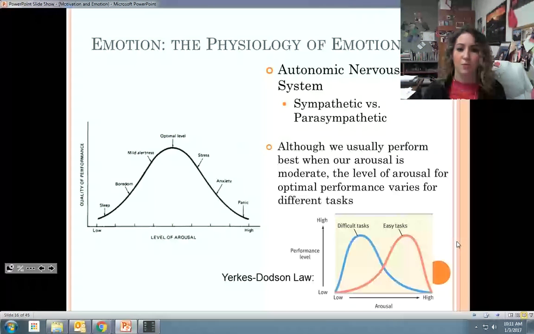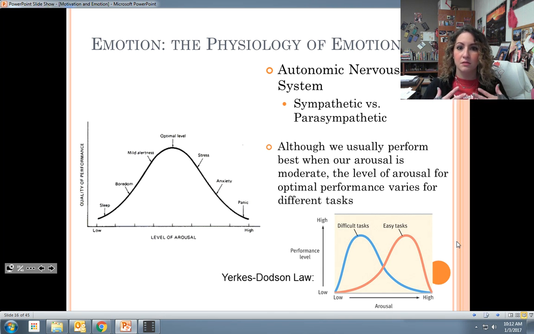Let's talk about the physical part of emotion. So the autonomic nervous system, we've talked about the sympathetic and the parasympathetic. The arousal is the sympathetic, while the calming is the parasympathetic. And so usually we perform our best when our arousal is moderate. You see this little graph here.